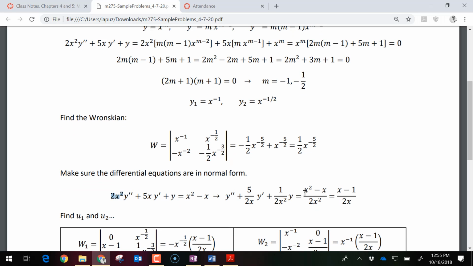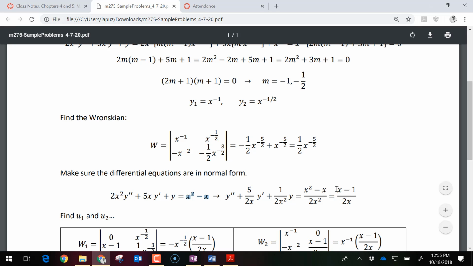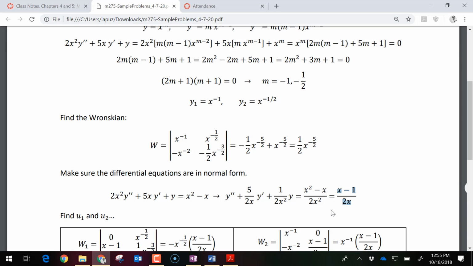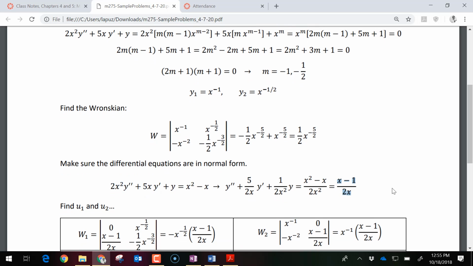When we do that, our right-hand side significantly changes. We can keep it as two separate fractions, which I think is how we started to do it in class, but here I decided to combine it into one fraction because maybe it'll be easier.